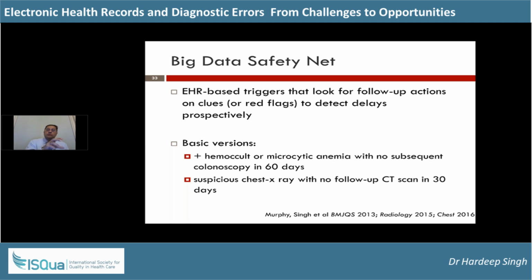The computer knows when you have the new onset anemia. The computer also knows that you didn't have a colonoscopy because it's all coded data in the electronic health record. So we use this big data warehouse to develop algorithms to tell us which patients had abnormal tests that were not followed up in a timely fashion.